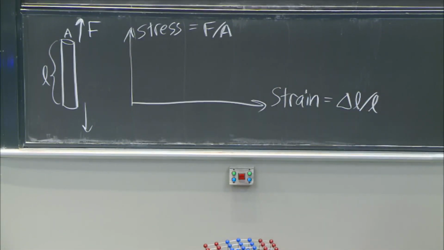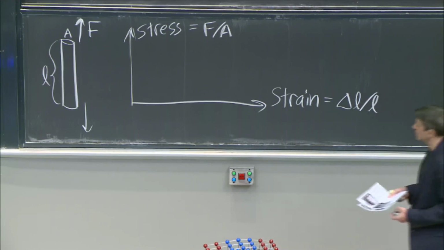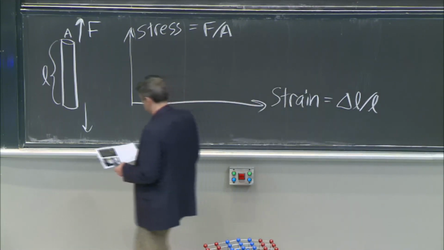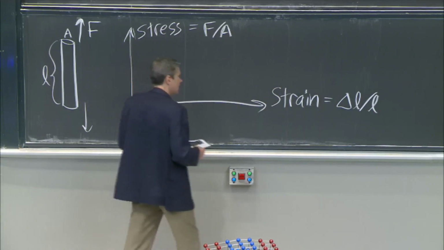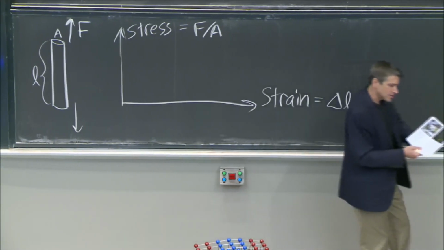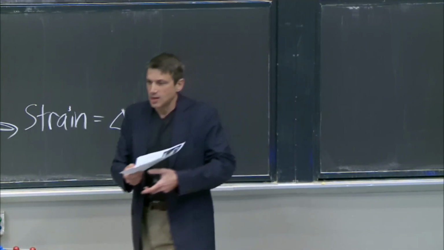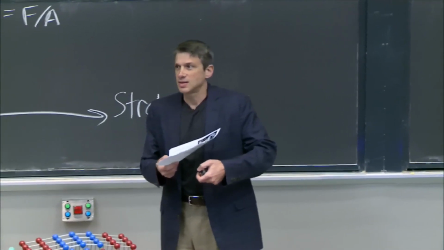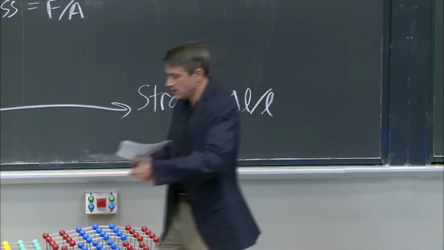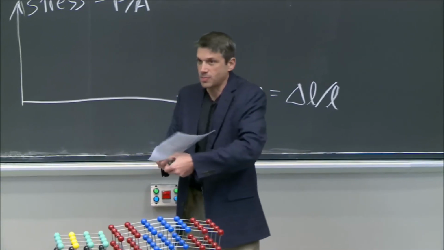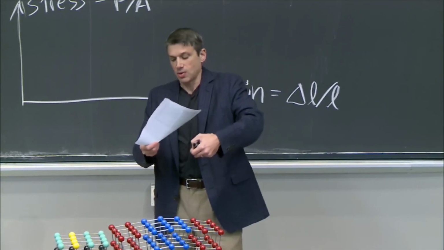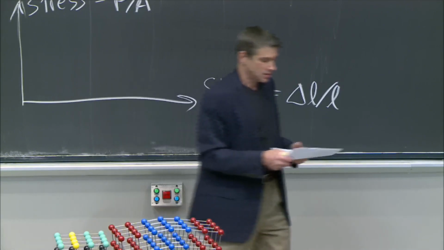Now, those MIT students were also very smart. They knew that many materials, as you first start stretching them, the bonds between the atoms are kind of elastic, right? What does that mean? Well, it means that if I stretch a little bit, it goes back. When I stretch a little bit more, it goes back. They're like springs.